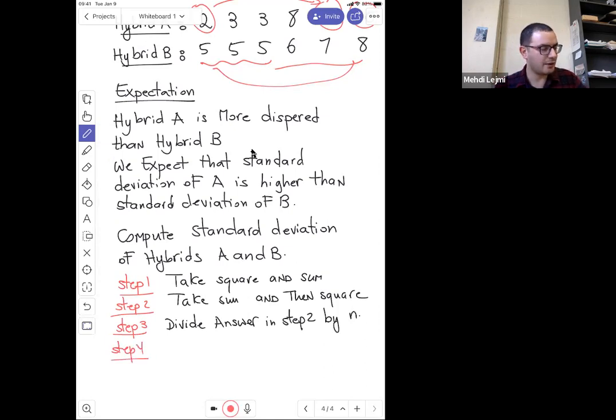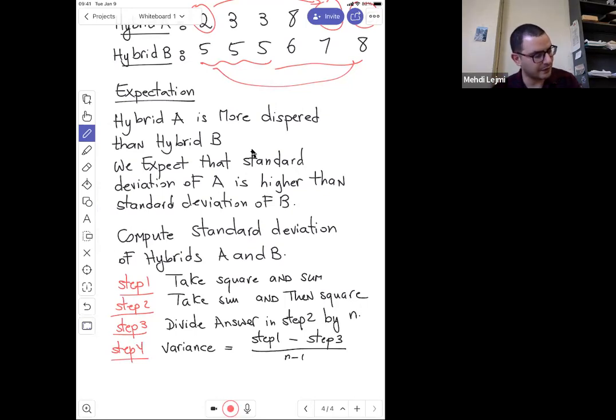So in step four you get the variance. To get the variance, you take your answer from step one minus your answer in step three, and then you divide by n minus 1. Again, n is the size of the sample.